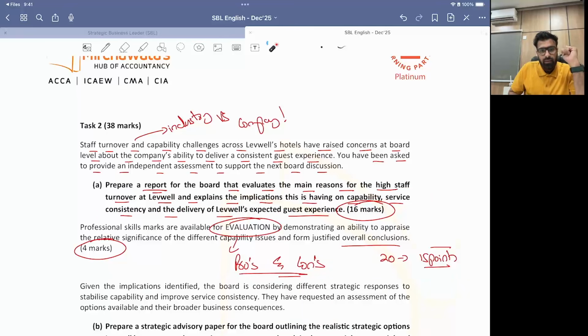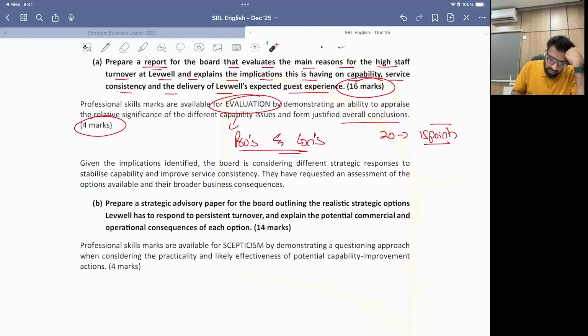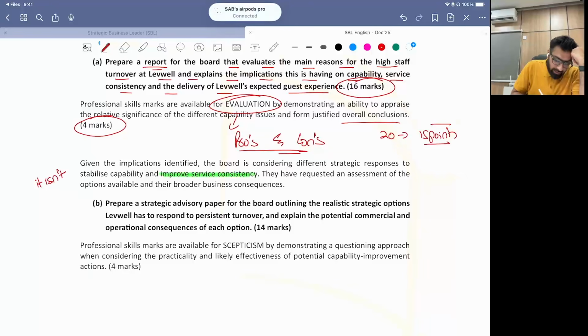Now, given the implications identified, the board is considering different strategic responses to stabilize and improve service consistency. See, the problem with the service sector is that it isn't consistent, right?